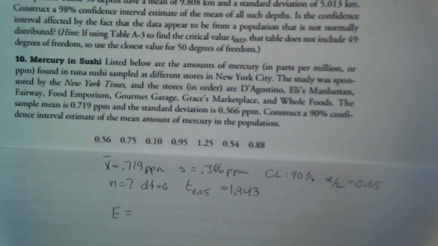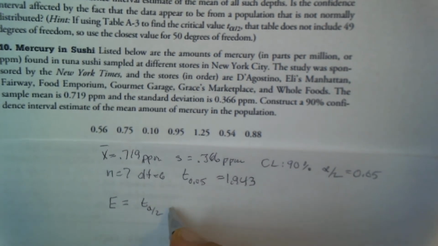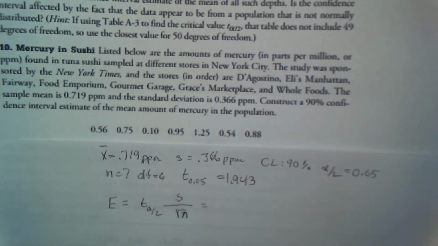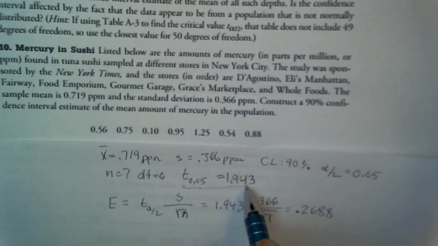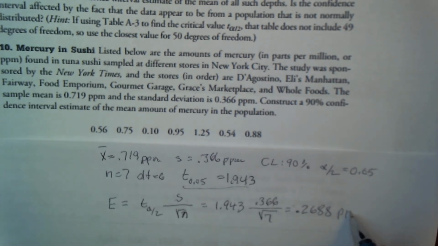So our margin of error E is t sub alpha divided by 2 times s divided by the square root of n. That means our margin of error is 1.943 times 0.366, our sample standard deviation, divided by the square root of 7, and that's equal to 0.2688 parts per million.